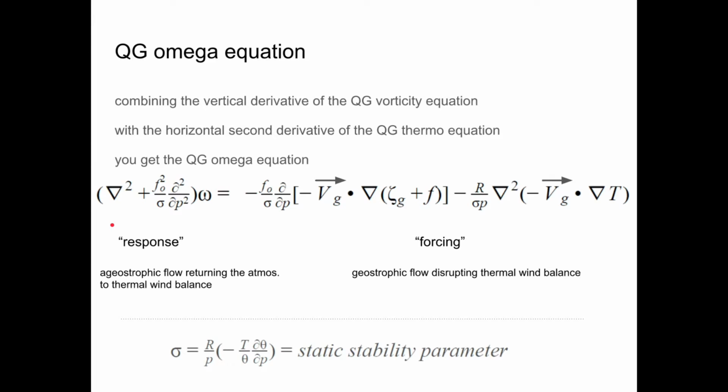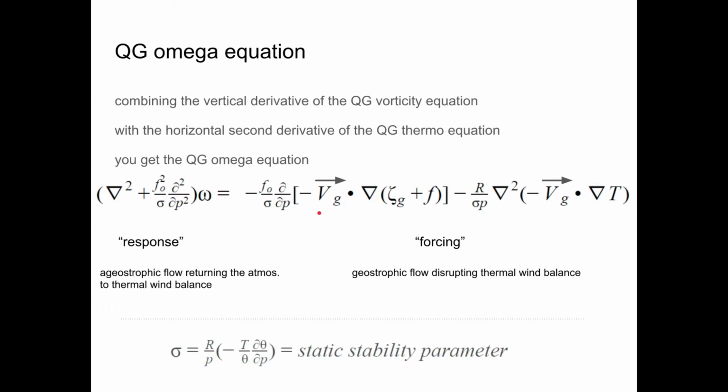And so, we can take a look at this. The left-hand side we usually call the response because it involves omega, and basically omega responds to the forcing. And so the right-hand side is usually what we call the forcing terms. And you can see that those involve the geostrophic wind and the geostrophic advection.